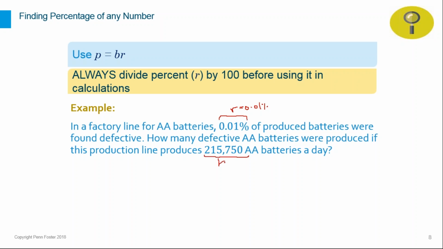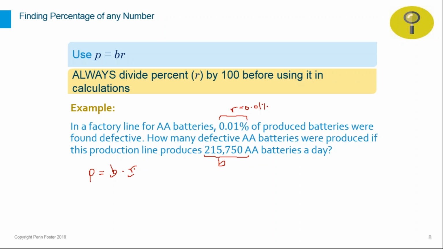So if I'm trying to use the formula, what the question is asking basically is how many batteries are produced defective a day, given the information of R and B. So in our formula, P, the percentage, the number of batteries, equals the base times the R. I have the base and I have the R from the question. So all I have to do is multiply the base times the rate, the percent.